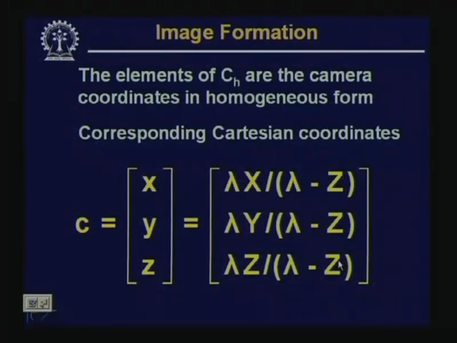Now, if I convert this homogeneous camera coordinate to the Cartesian camera coordinate, I find that the Cartesian camera coordinate is given by c equal to small x, small y, small z, which is nothing but lambda x divided by lambda minus z, lambda y divided by lambda minus z and lambda z divided by lambda minus z.